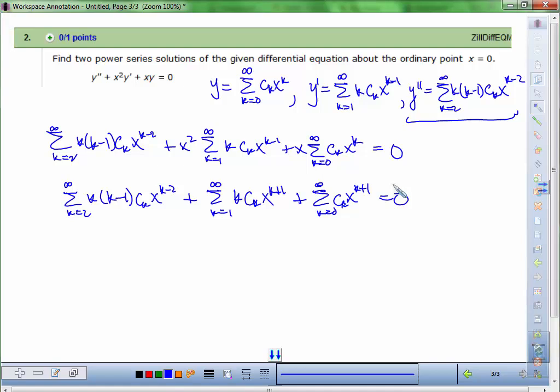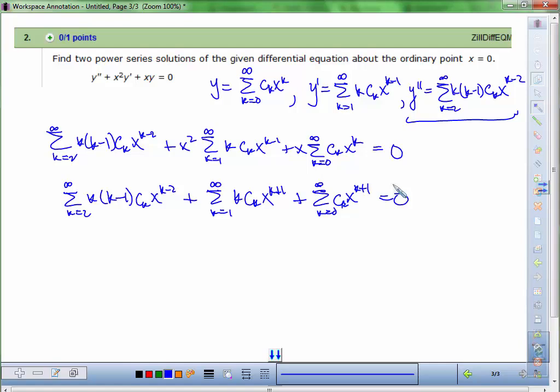Now I'm interested in adjusting my index and my x power so that it's all matching, it's all the same.